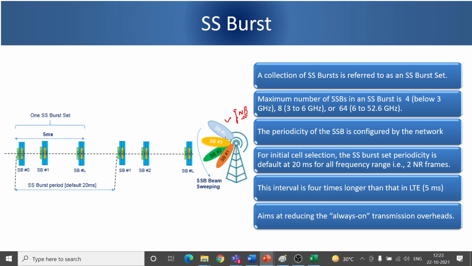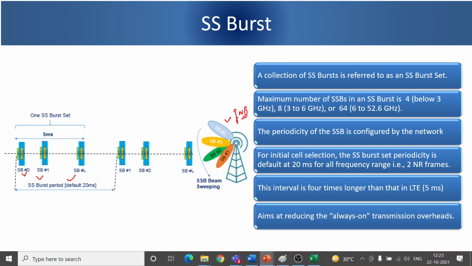As I said, please understand this: within 5 milliseconds, all those 4 or 8 or 64, or fewer, beams will be transmitted. So SB0, SB1 up to SBL will all be transmitted in 5 milliseconds.